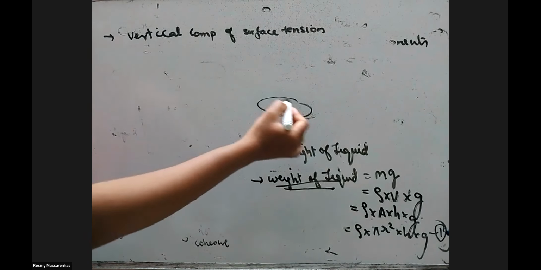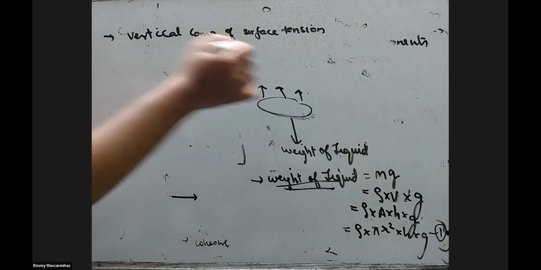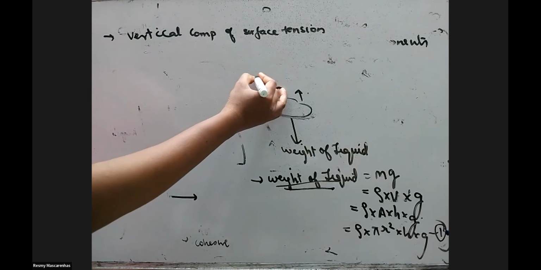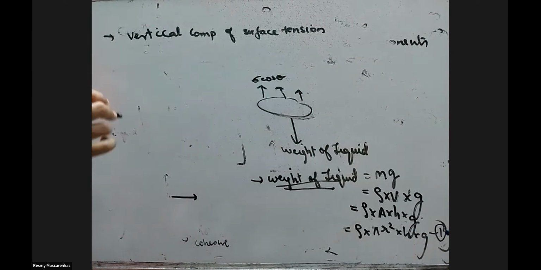Now as per the reference line, this is the vertical component from our point of view. So how much was that? This sigma cos theta.